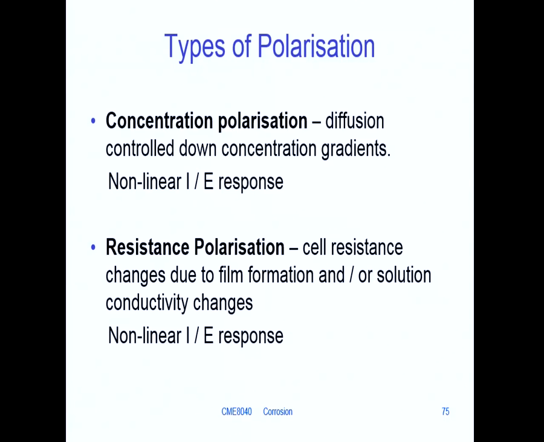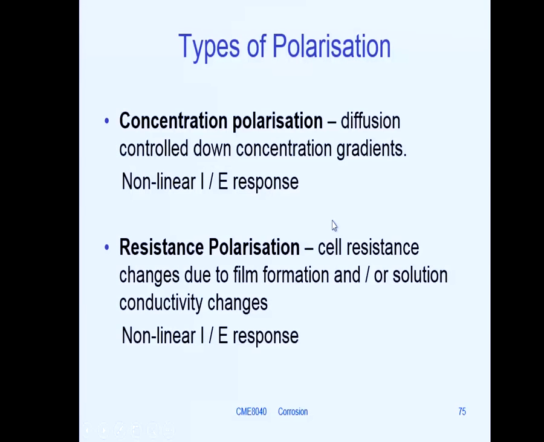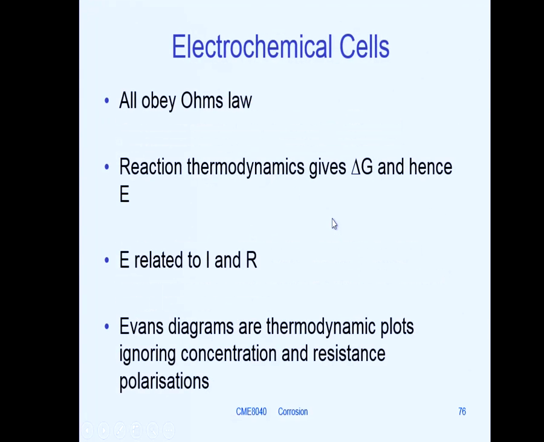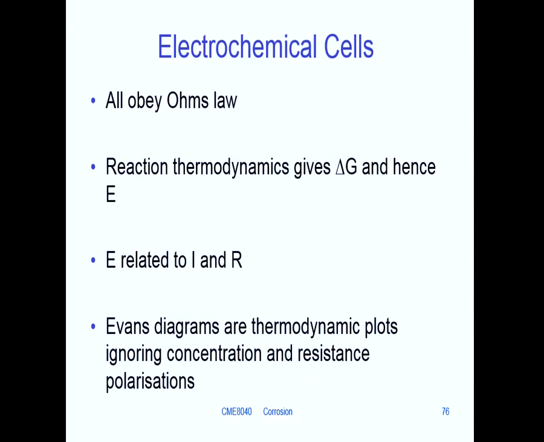Oh yes, and we said everything starts off by obeying Ohm's law, I equals V over R, or in our case, E, because we're talking about potentials, and that E value relates to delta G, the reaction equation, because delta G equals minus nFE.